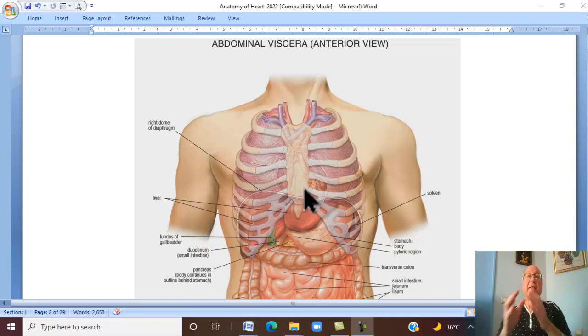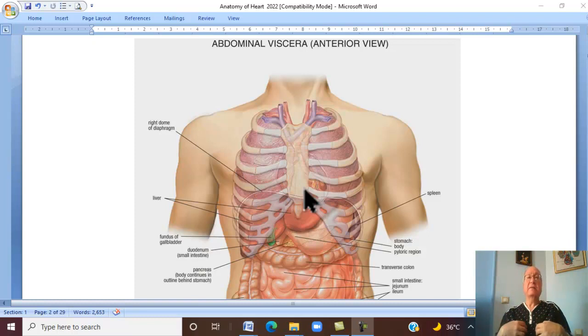What is the size and weight of the heart? The heart is slightly larger than the closed fist, with average weight of about 250 gram to 300 gram.